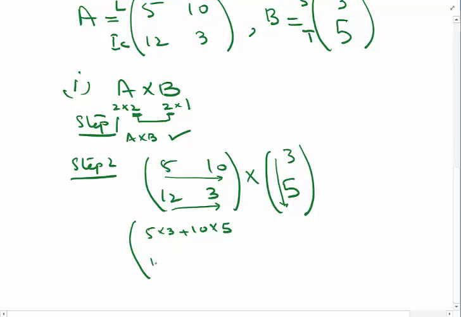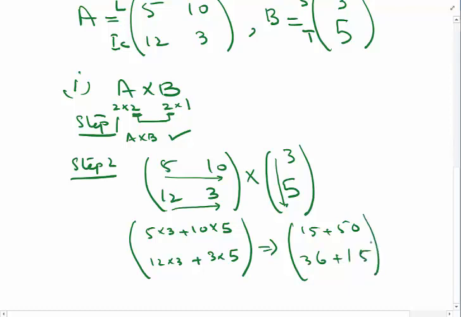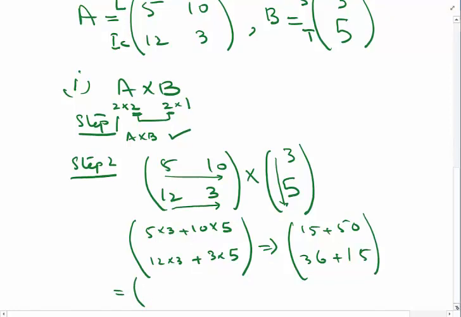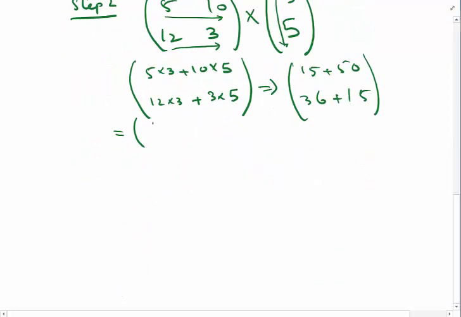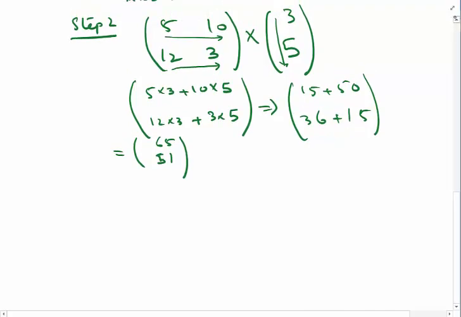So 12 multiplied with 3 and 3 multiplied with 5, right? So 10, 50, 36 and 15. The resultant should be 60 and 51, right?